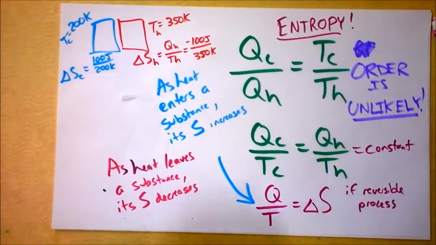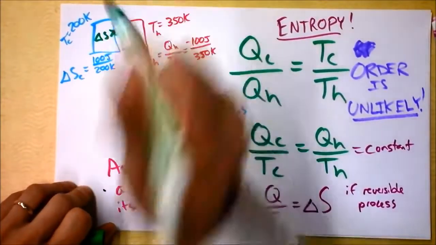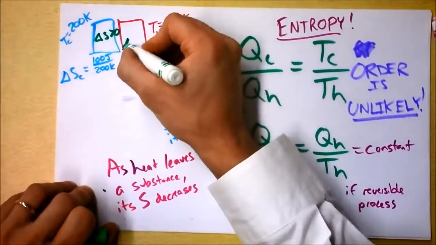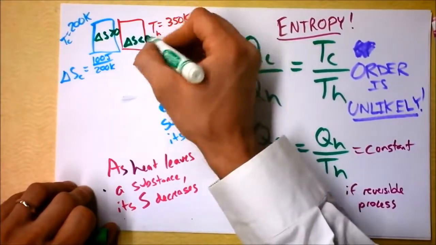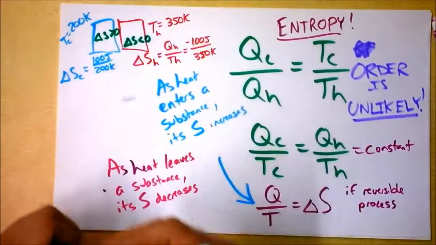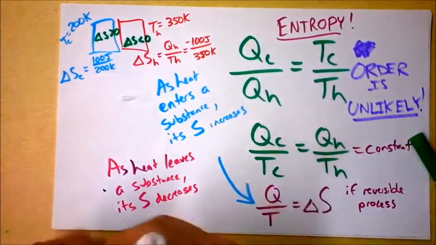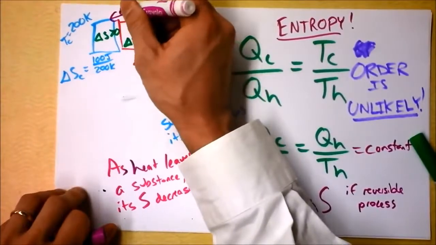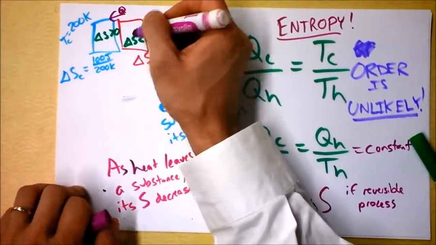All right. I'm saying that this guy has delta S increasing because it's getting heat. And this guy has delta S decreasing. S, rather, is decreasing here. S is increasing there because heat is flowing, well, it will be flowing this direction. Heat flows that direction, so entropy increases for this guy and decreases for that guy.